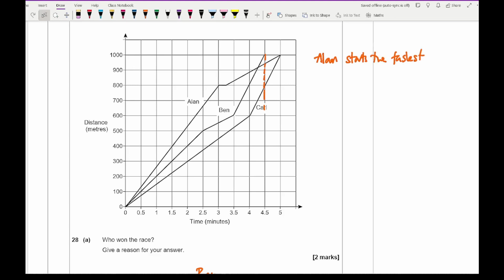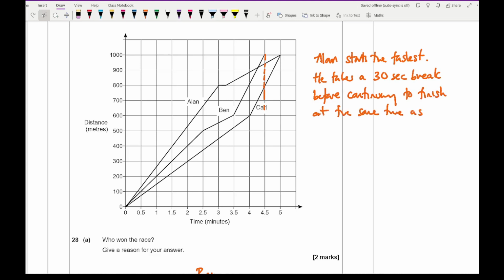He then takes a break, a half-a-minute break, so a 30-second break, before continuing to finish at the same time as Carl. So that's Alan.